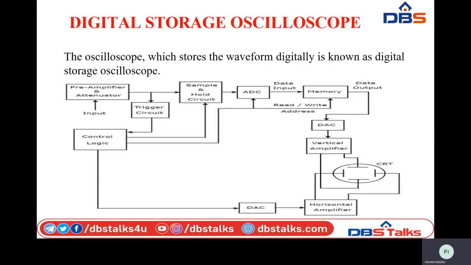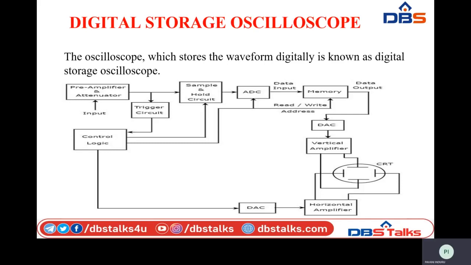We have another special purpose oscilloscope, that is nothing but the digital storage oscilloscope. The name itself suggests that here we are going to store the signal before it is displayed.